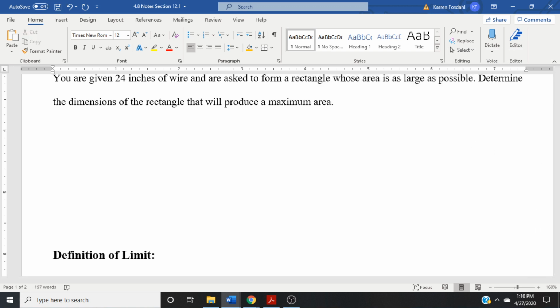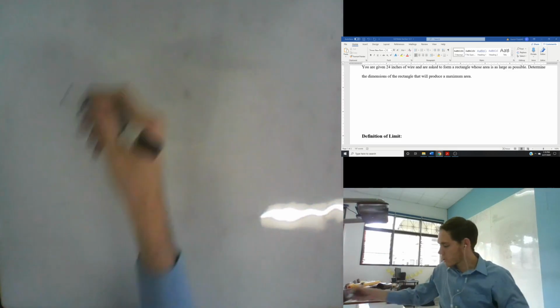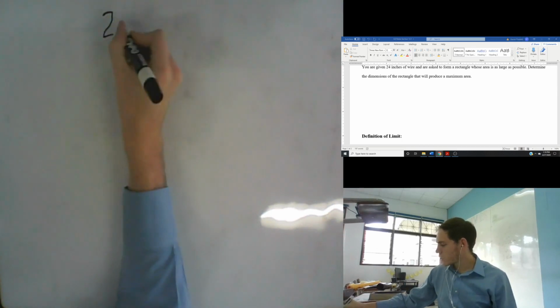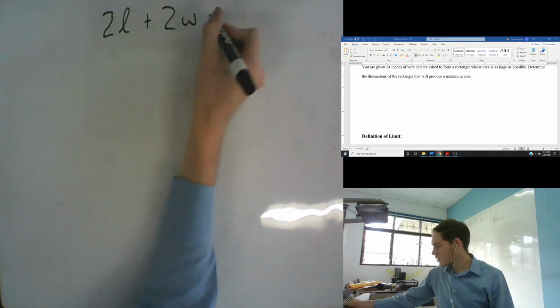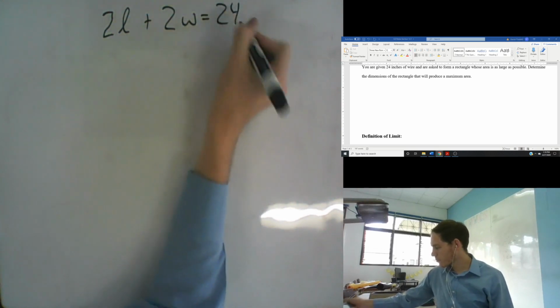So what we're going to get is a sort of rectangle. So we're going to move over to this graph. Okay, so we have 2L plus 2W equals 24.